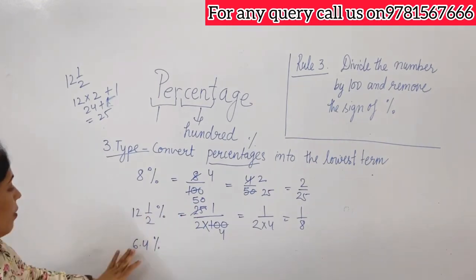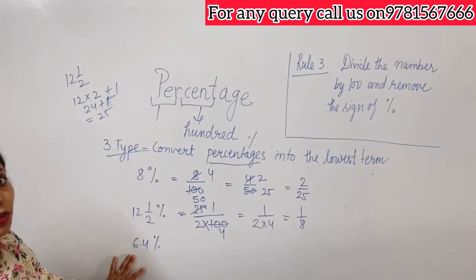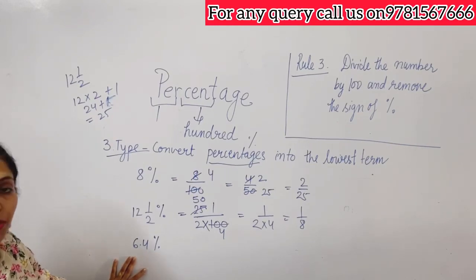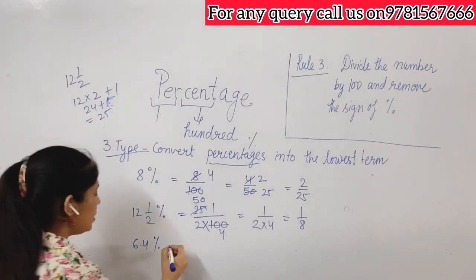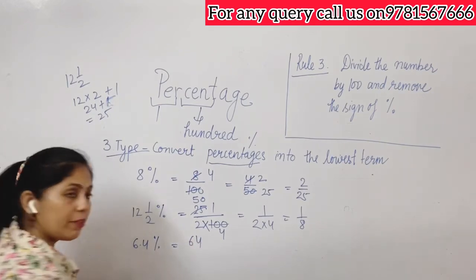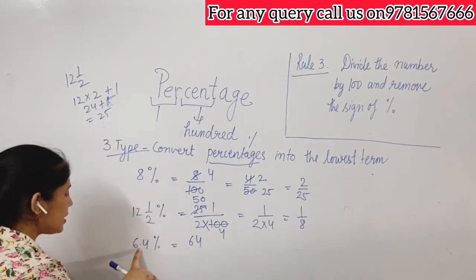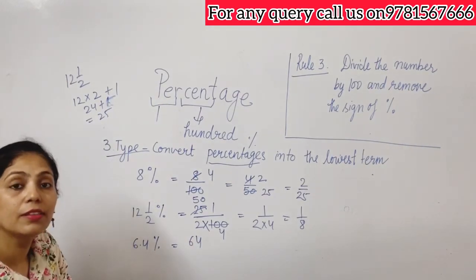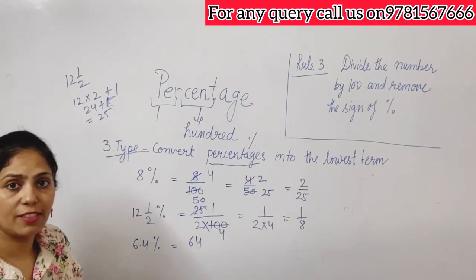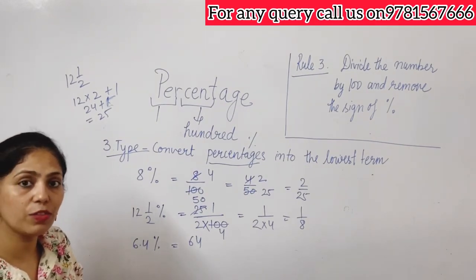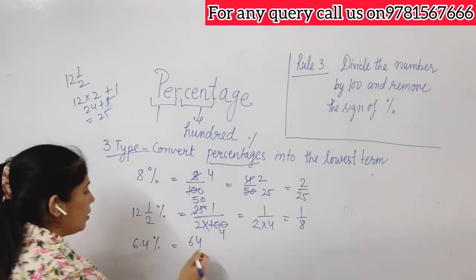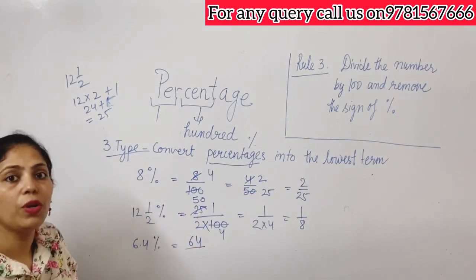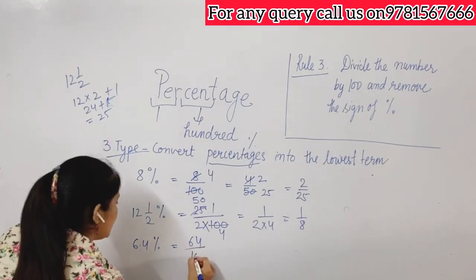And if this is a decimal, then again you need to remove the decimal. And what is the rule of removing the decimal? 64, write it first. Then after the decimal, how many digits are here? Yes, how many digits? 1 digit. So how many zeros will come under the 64? 1 zero. Okay, so it is 10.